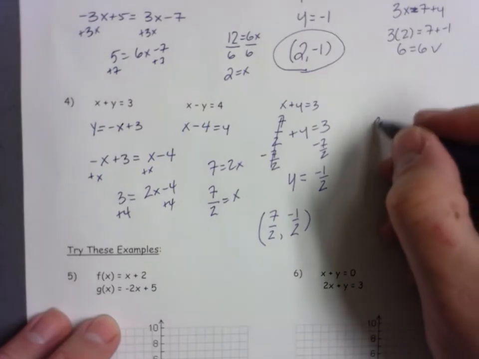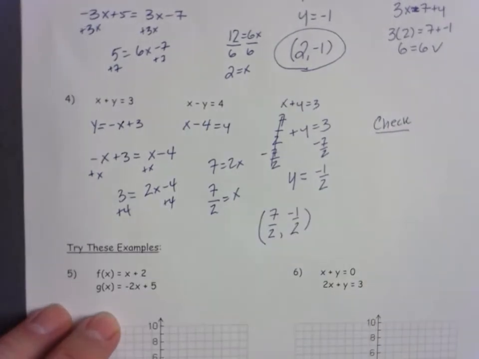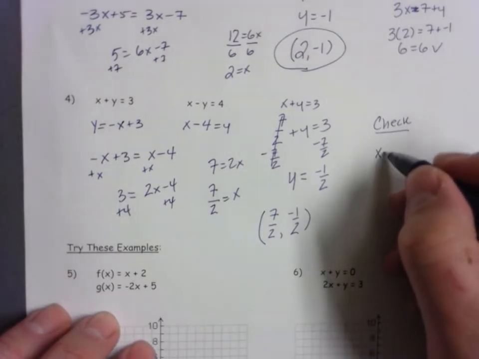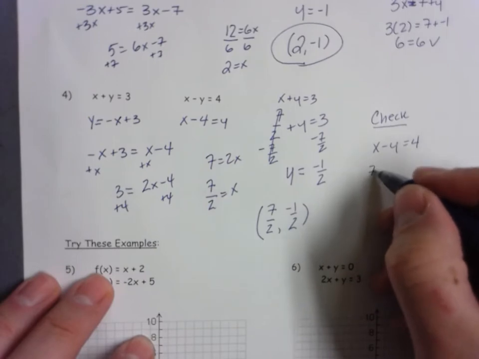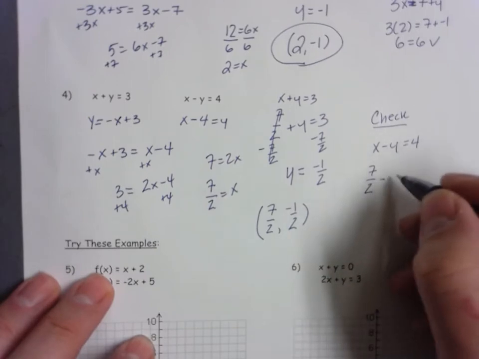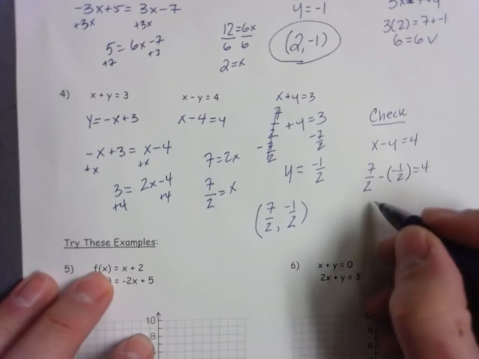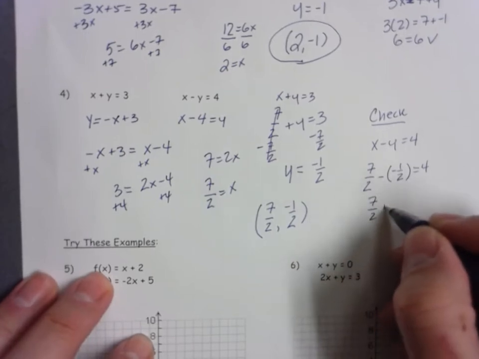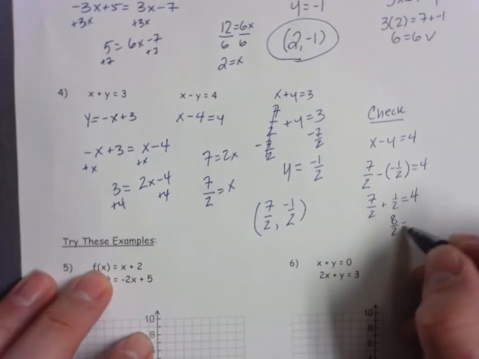Let's check this. We will use x minus y equals 4. 7 halves minus a negative 1/2 will equal 4. Well, we know that's true because 7 halves plus 1/2 is 8 halves, and that's 4. So this is good.